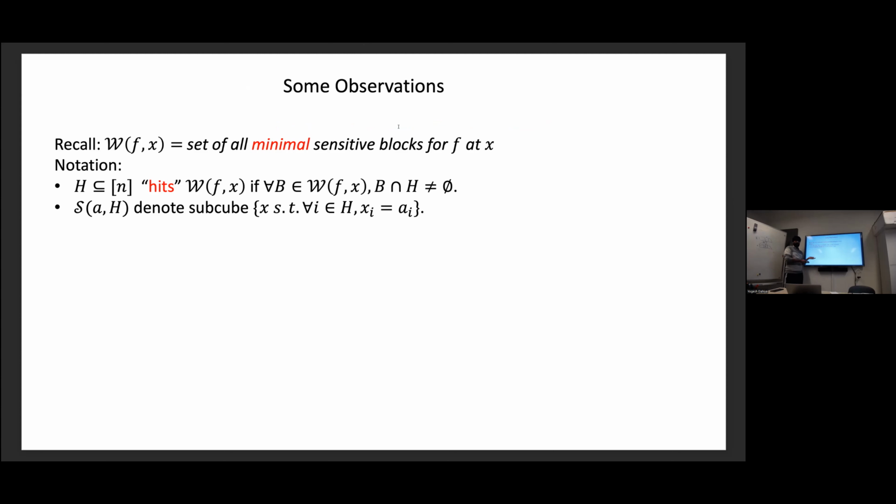By this notation, you take an input a and fix the bits described by the set H, and this denotes the subcube that you get from that operation. This is just a subcube where you are fixing the bits mentioned by H according to a, and the other bits are free. Just a notation.